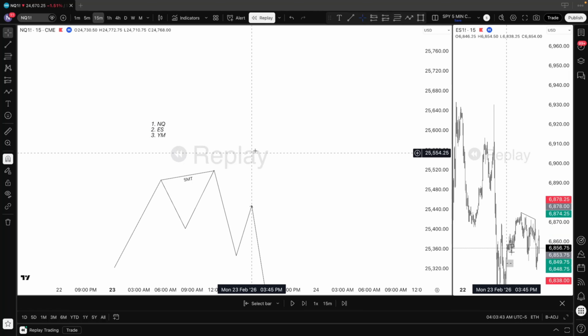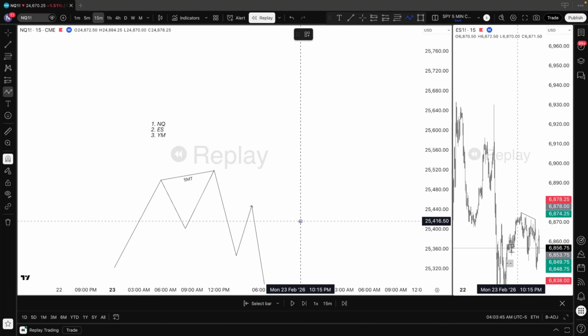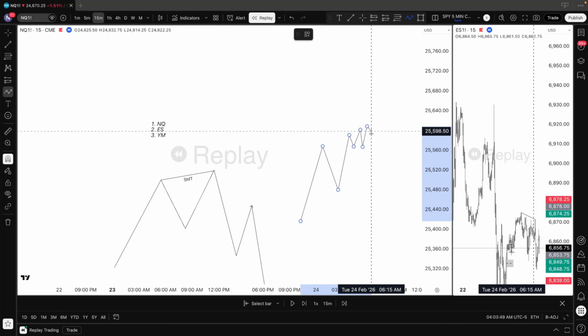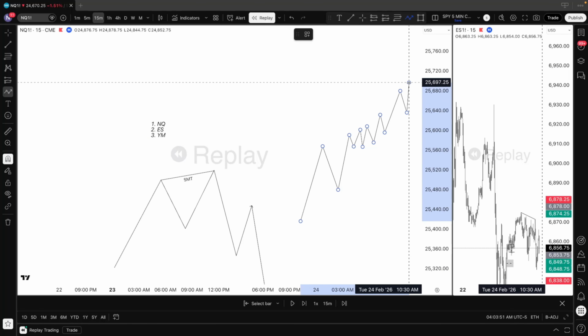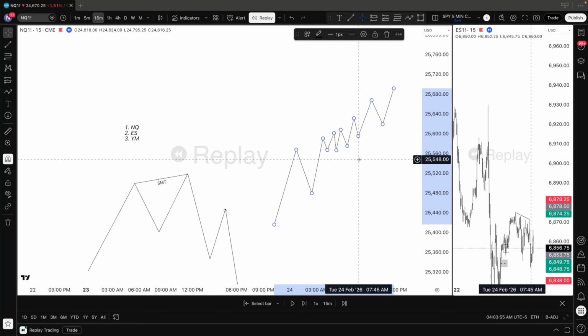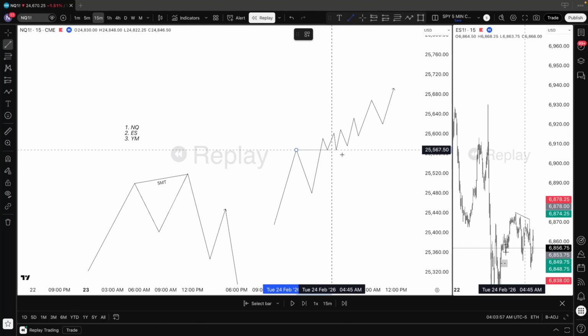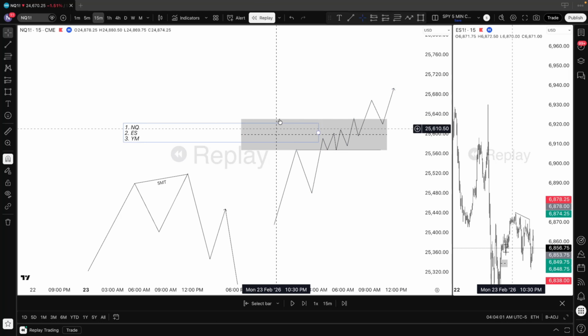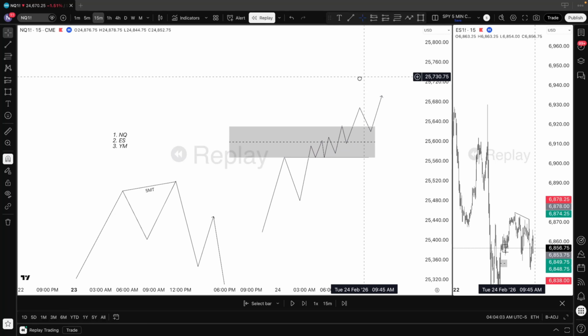Let's say for this example, a little bit zoomed in, I don't want to see a high get taken and then just kind of grinding up. That's showing me that although we swept this high, maybe we're tapping into some kind of PD array, there's no reaction from these highs just yet.